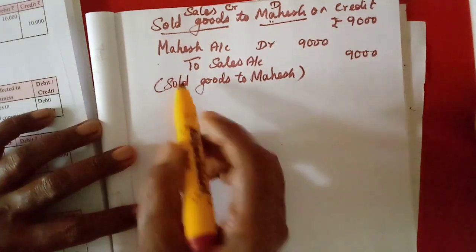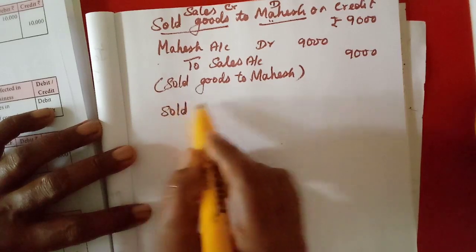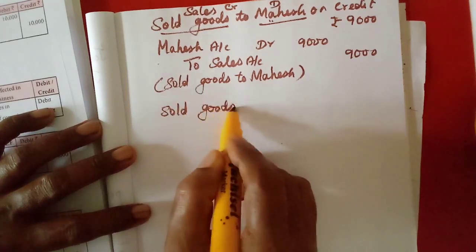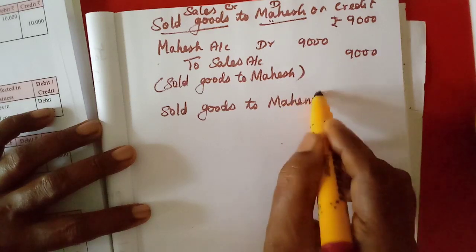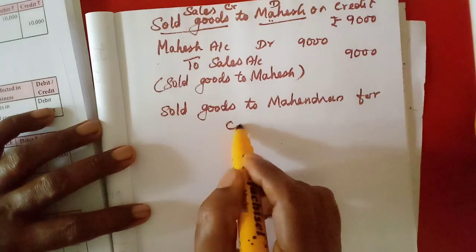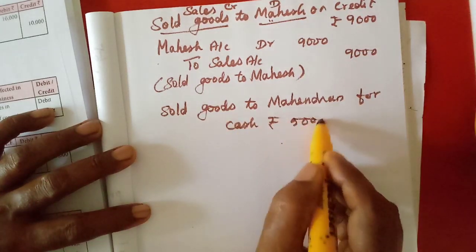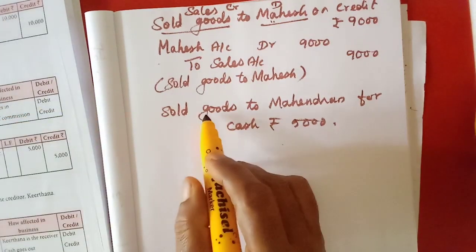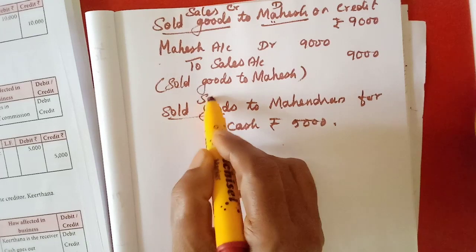Then if it is sold goods to Mahendran for cash, rupees 5,000, here you must be very careful. Here sold goods is called sales.